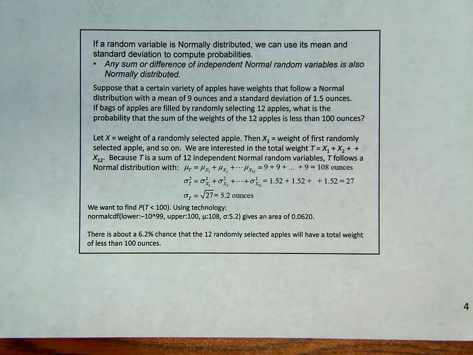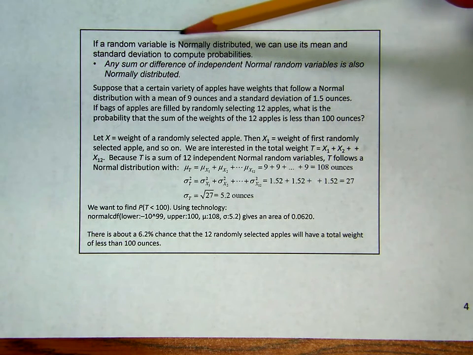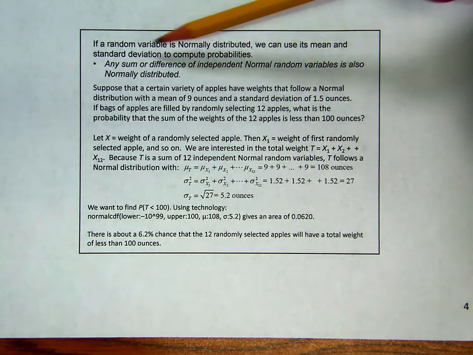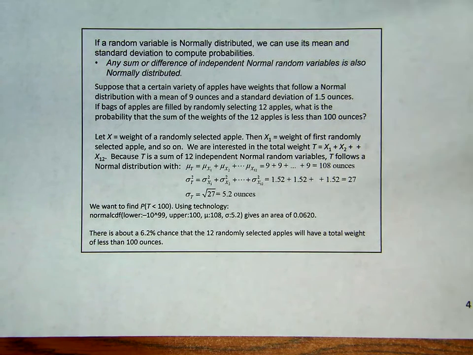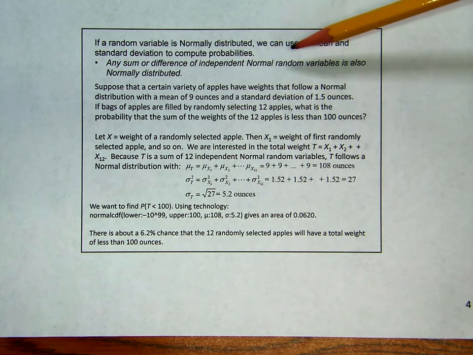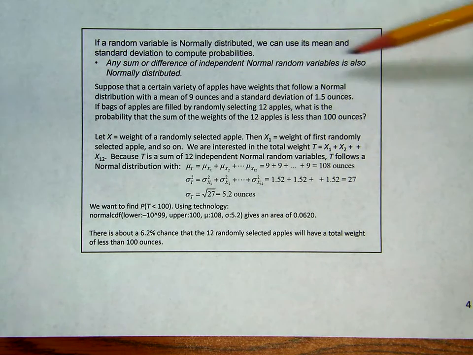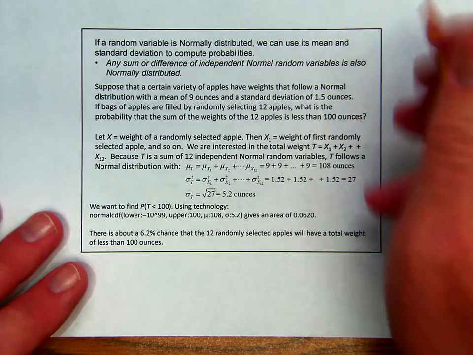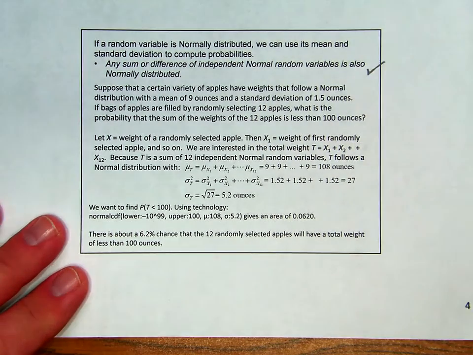Most of the continuous ones we're doing in this part of the book are going to be normal distributions. If a random variable is normally distributed, we can use its mean and standard deviation to compute probabilities. We knew that. Any sum or difference of independent normal random variables is also normally distributed. That's new, and that's important.